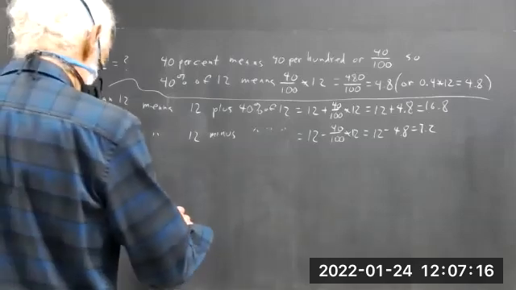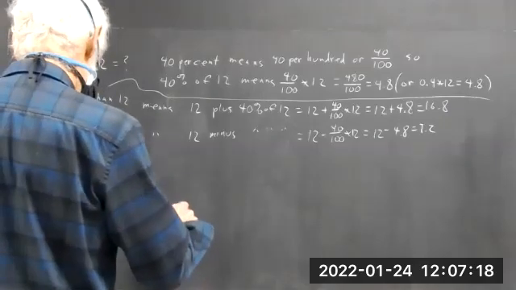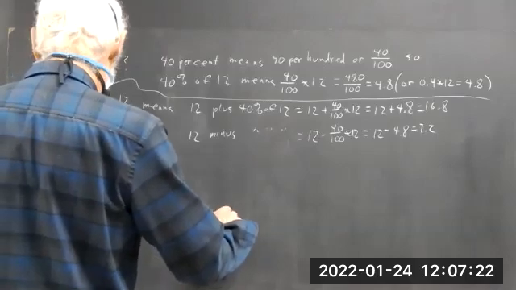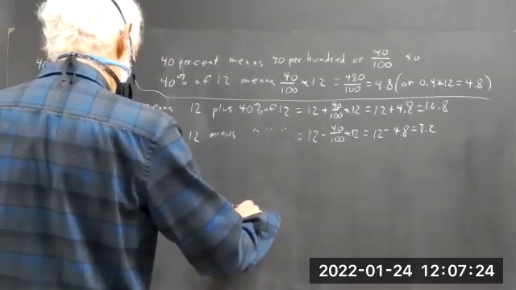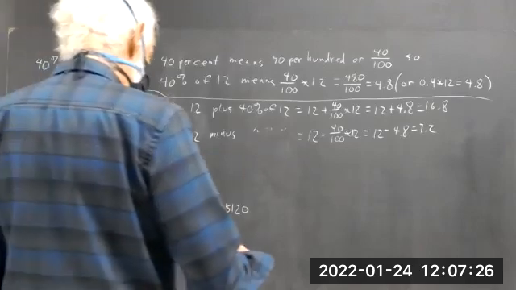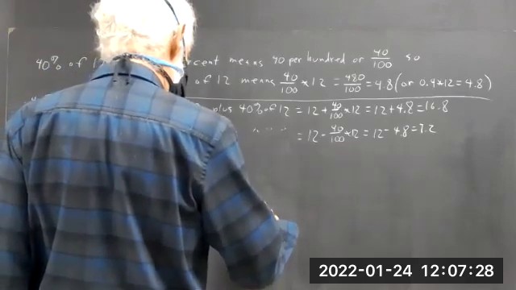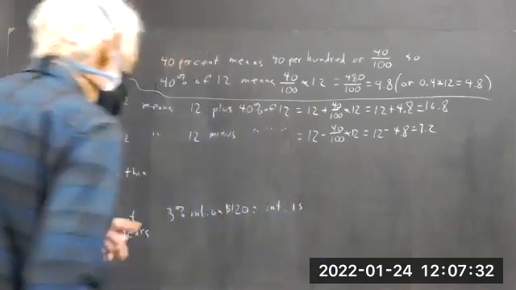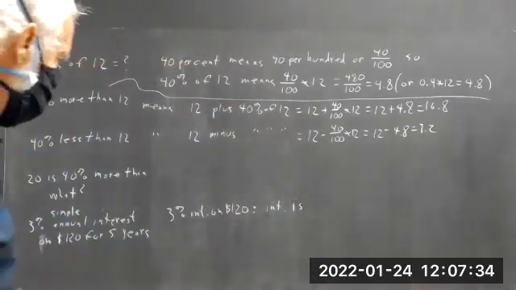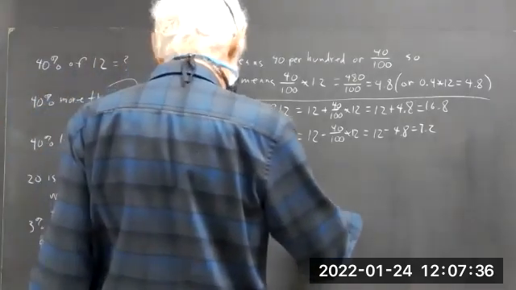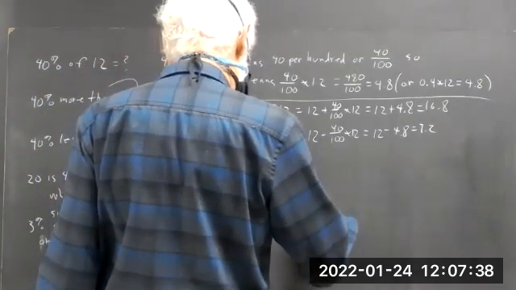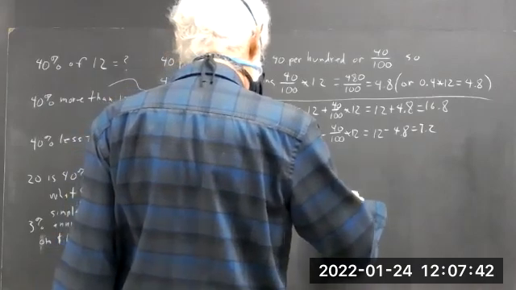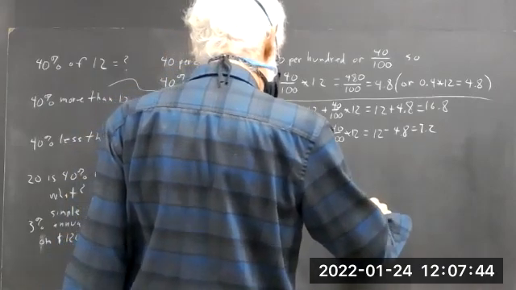Well, 3% interest and $120. The interest is 3%, which is 3 over 100 times $120.